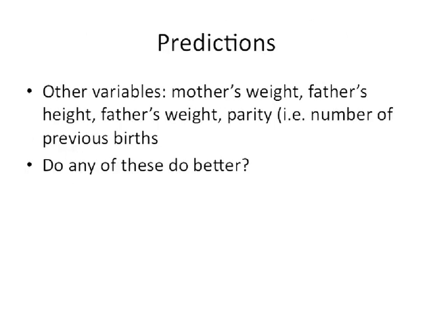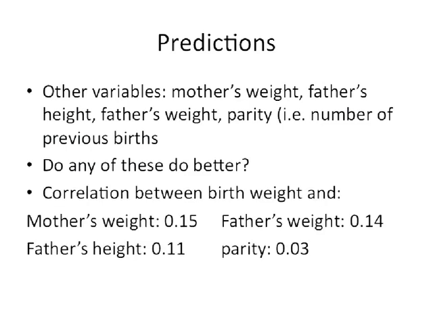Okay, so do any of these do better? Mother's weight, father's height, father's weight, parity, previous births. Well, parity is previous births. And we're going to do exactly what you said: we're going to look at the correlations. The correlation between birth weight and mother's weight is 0.15. Between birth weight and father's weight is 0.14.